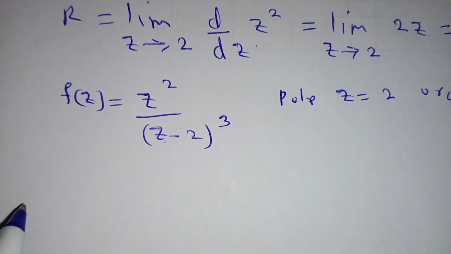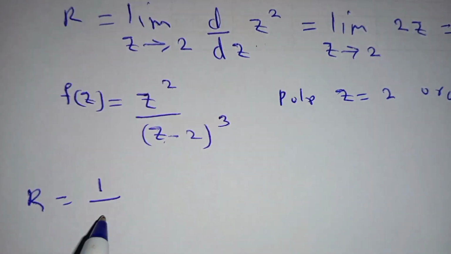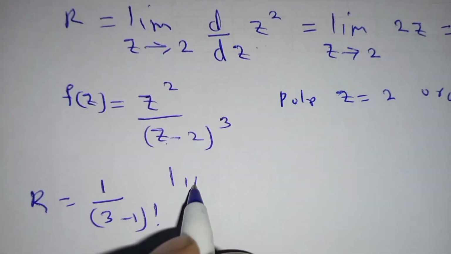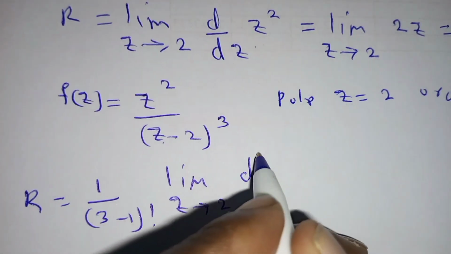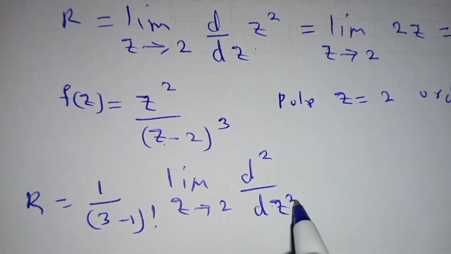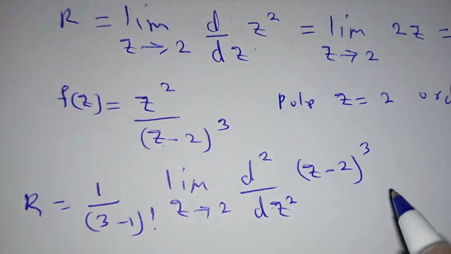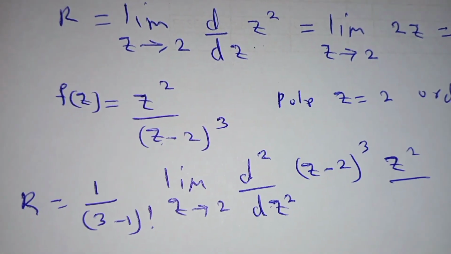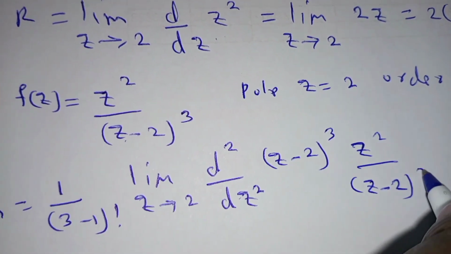Then residue R will be given by 1 over (3 minus 1) factorial, limit as z tends to 2, second derivative with respect to z of (z minus 2) cubed multiplied by z squared divided by (z minus 2) cubed.